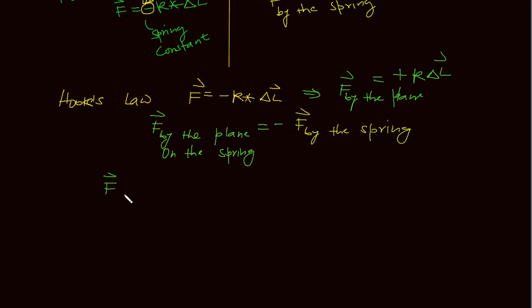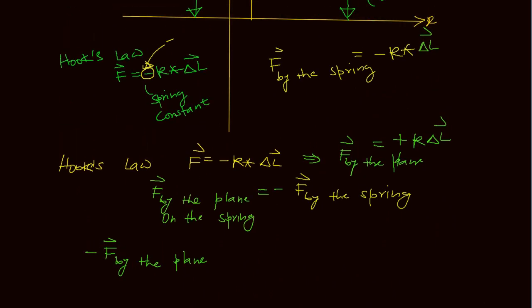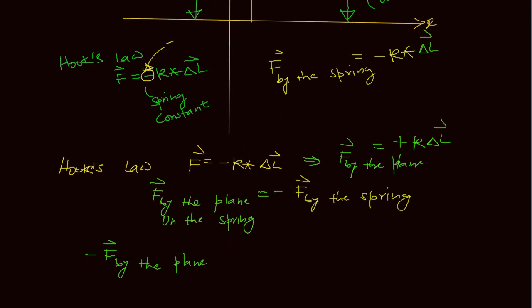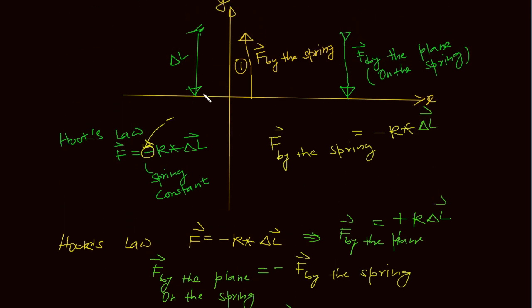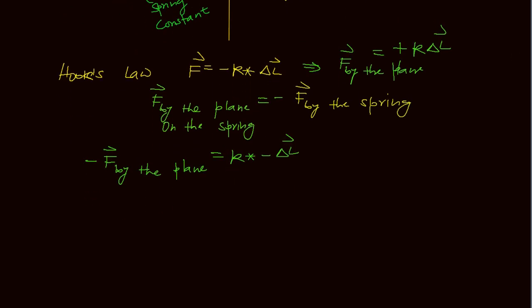force by the plane is minus, because it is in the negative direction, is equal to K multiplied with minus delta L, because deformation happened in the downward direction, minus Y direction.